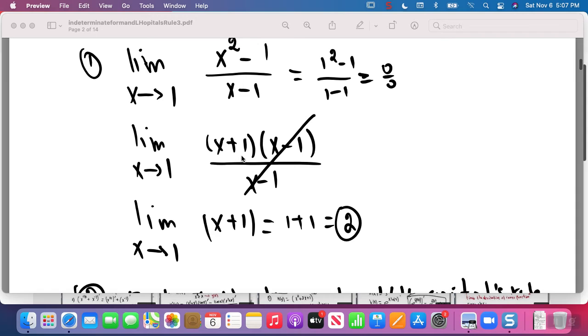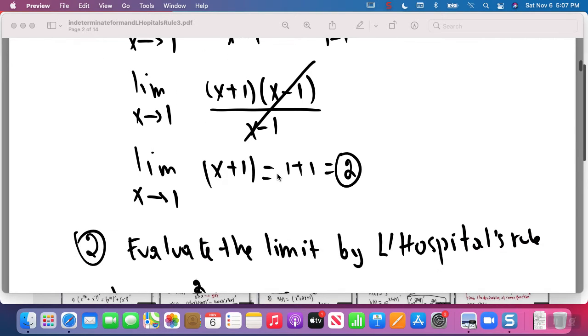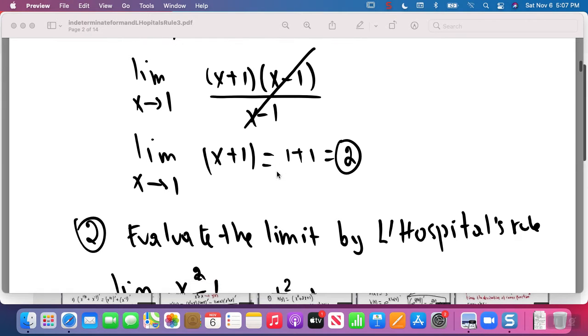We can factor the numerator as a product of two factors, quantity x plus 1 times quantity x minus 1, divided by x minus 1. Here you can simplify x minus 1, and you end up with x plus 1. When you take the limit as x approaches 1 of x plus 1, it gives you 1 plus 1, which is 2. So this is the regular way we learned in chapter 2.